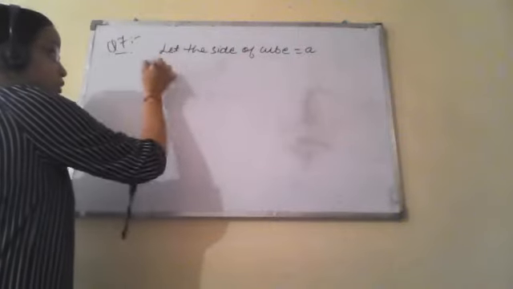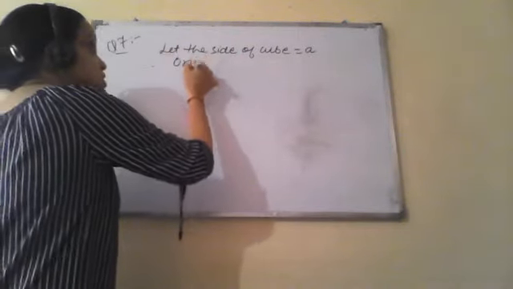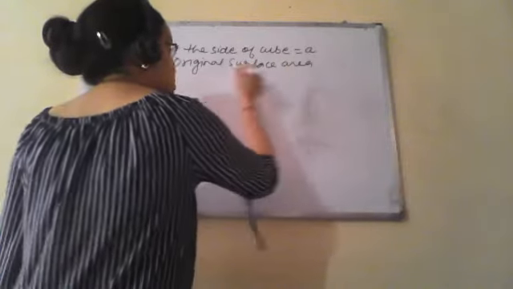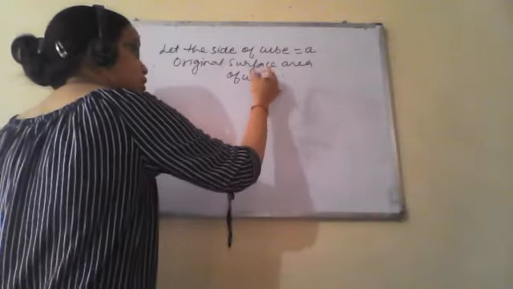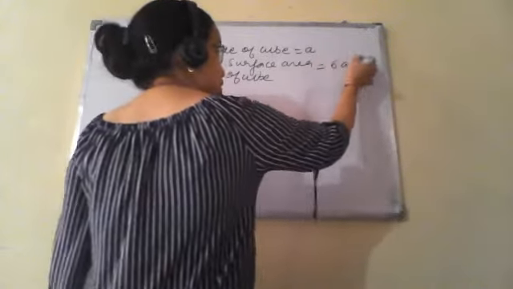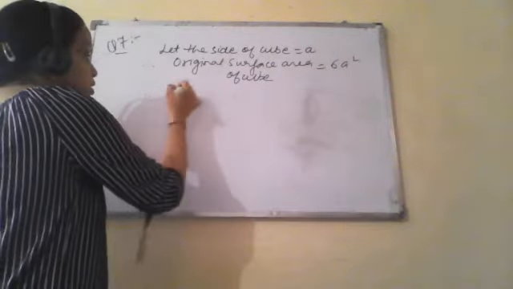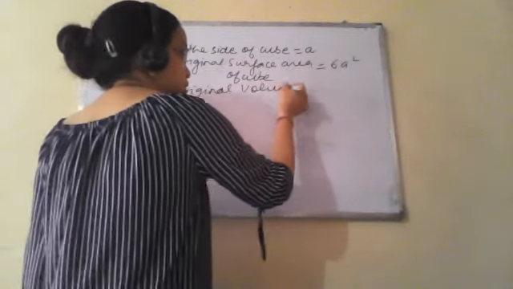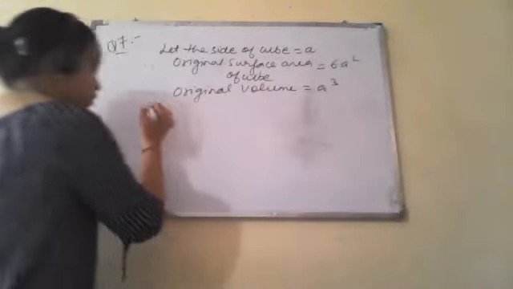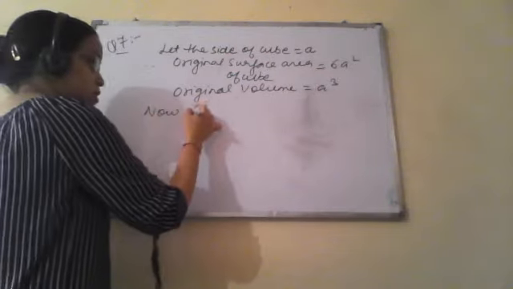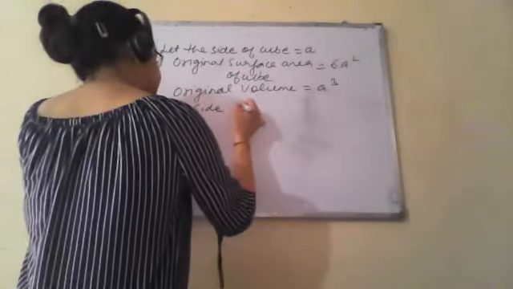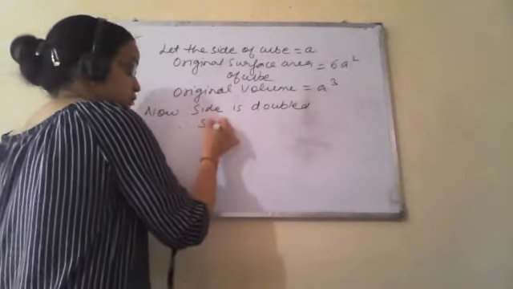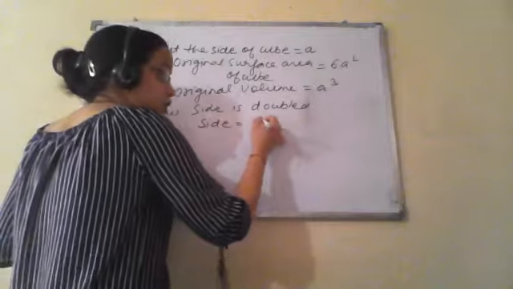Now, original surface area of cube is 6a square. I have explained. And original volume will be a cube. Now we have doubled the side. Side is double. Therefore side will be equal to 2 into a, 2a.